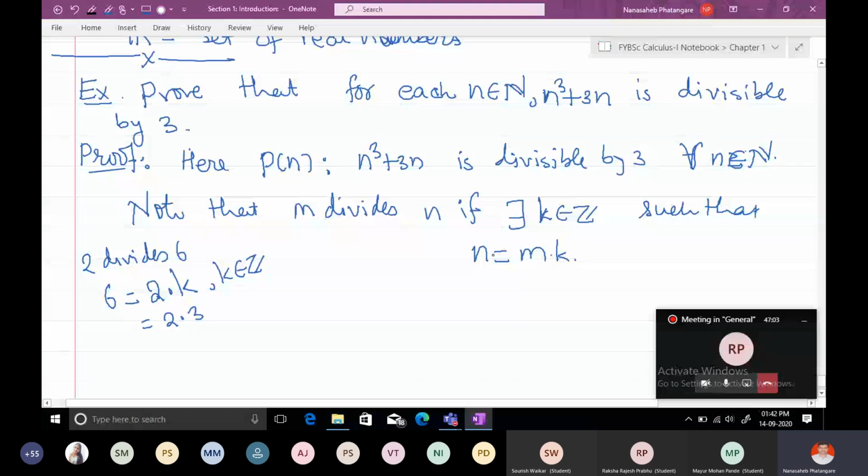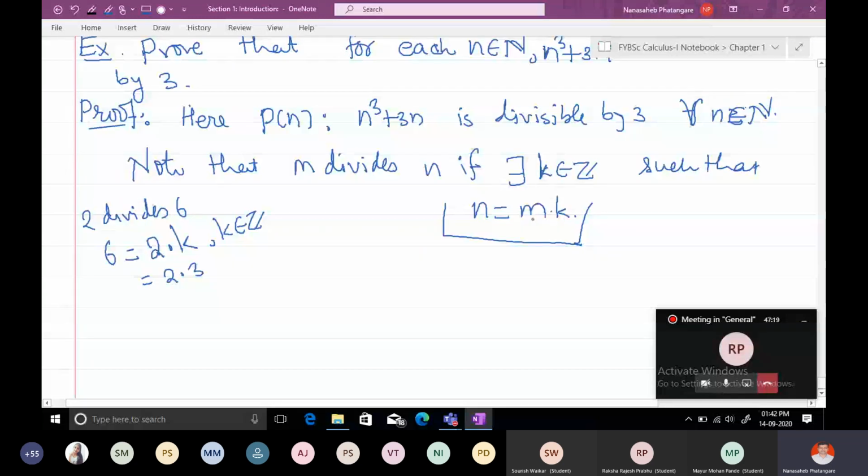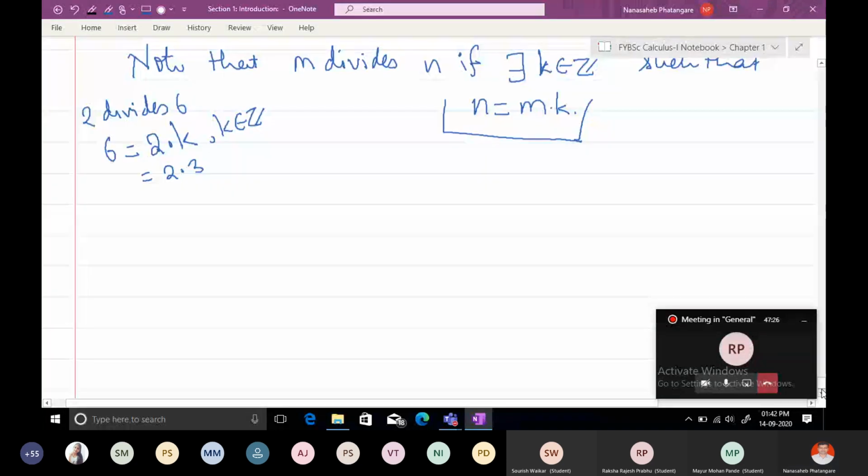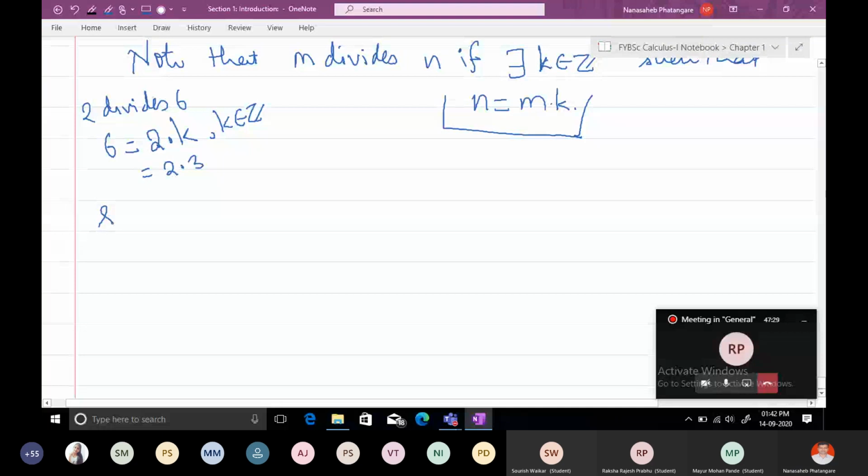If you remember this definition of divides, then our proof becomes easy to express. So what is the first step? First step, base step. I will not write in detail because now you understand what the details are. You write down all the details.